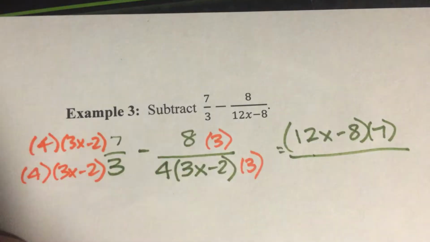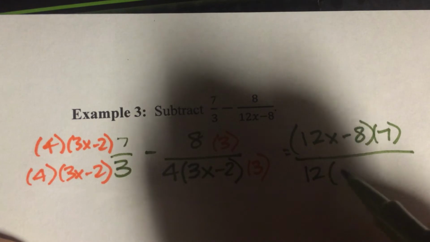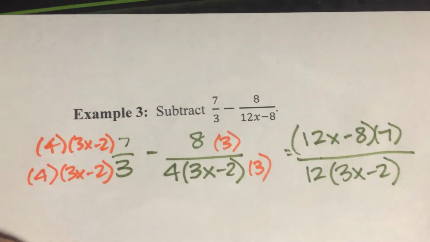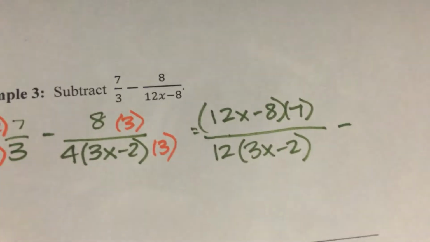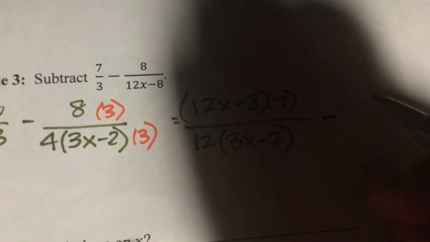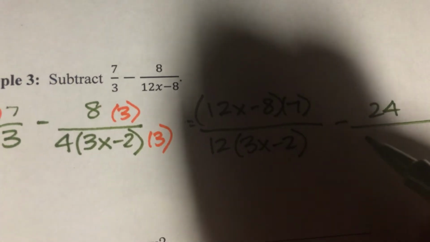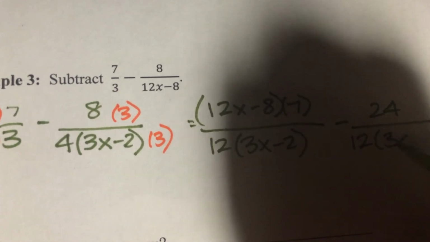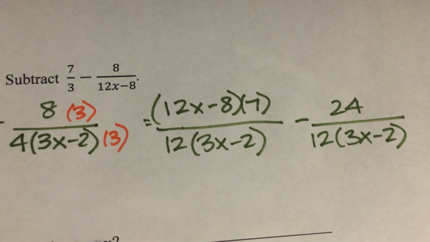And I'll probably multiply the 4 and the 3 together just to be simple. So 12 times 3x minus 2. I'll leave that alone for right now. Okay, and then minus 8 times 3 is 24. And then still got the same denominator since that was the point. Just like that. Okay.